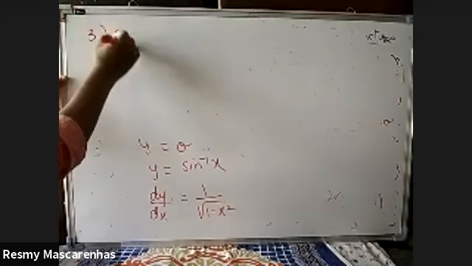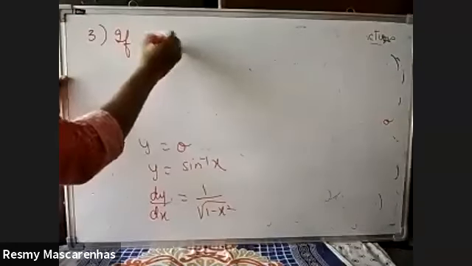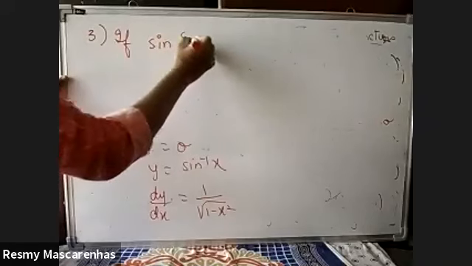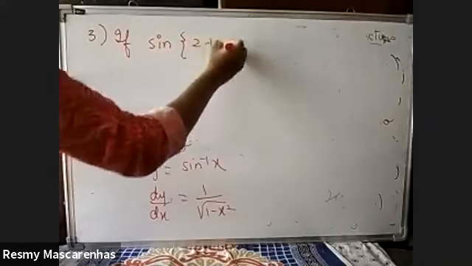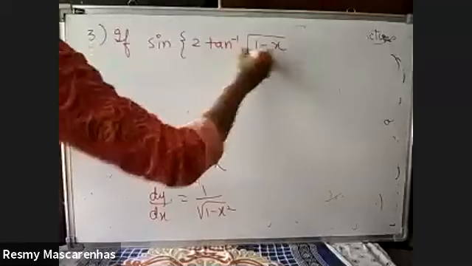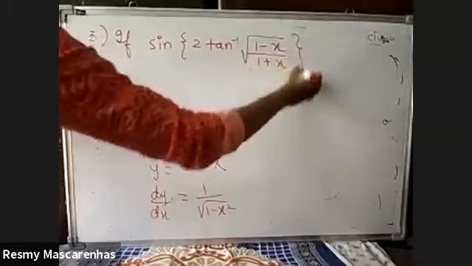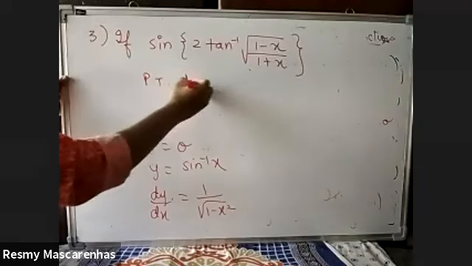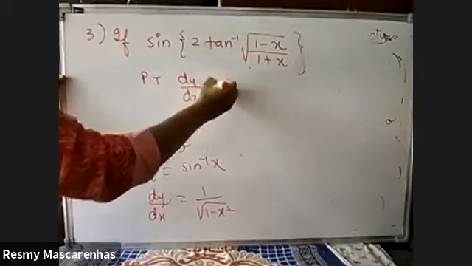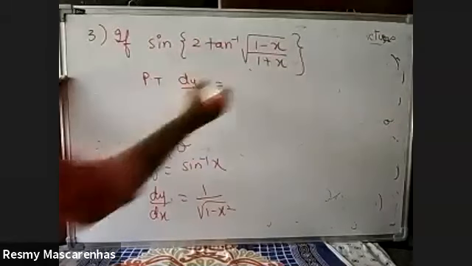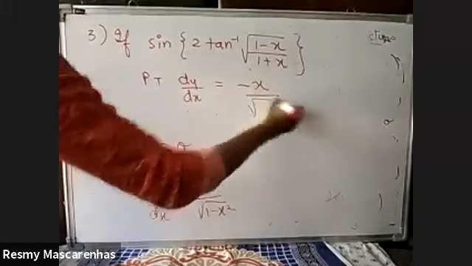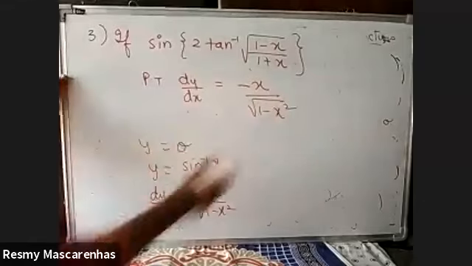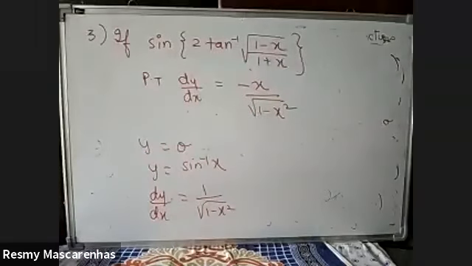Third one: if y is equal to sine of 2 tan inverse of root of (1 minus x) upon (1 plus x), prove that dy by dx is equal to minus x upon root of 1 minus x square. So this had come for 3 marks.